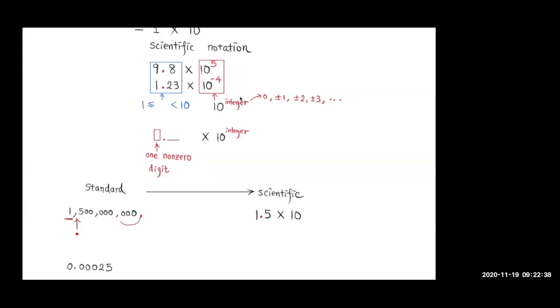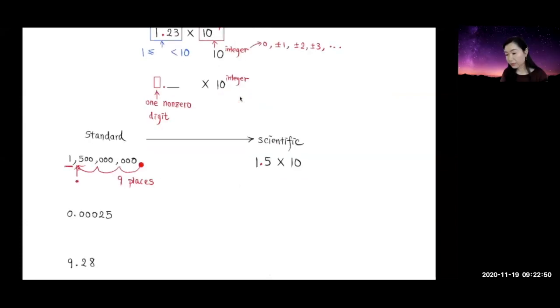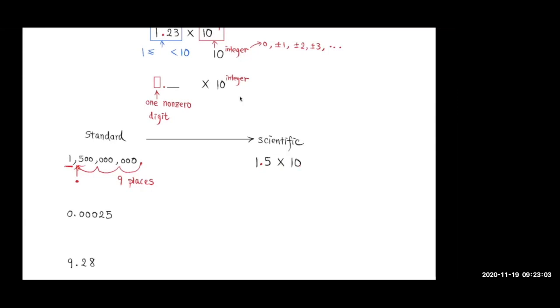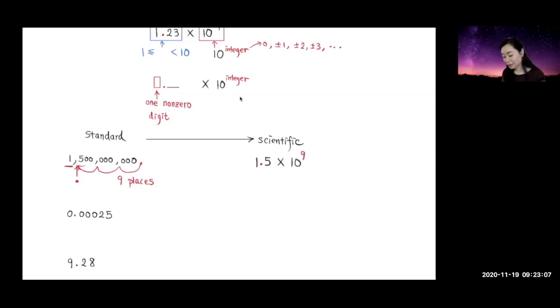So you move the decimal point 9 places from here to here. So now you get this 1.5, and this one here will be times 10 to the 9th power. You just need to count how many places you move, and this is 9.